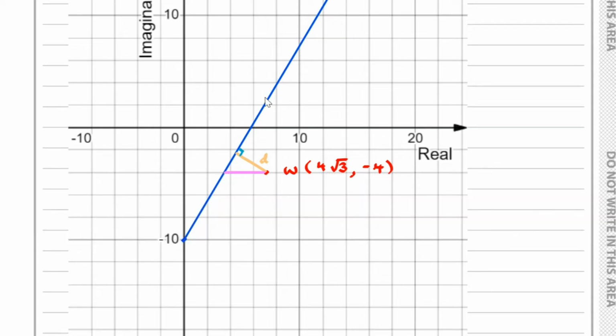And we need to calculate this length of D. How could we go about that?